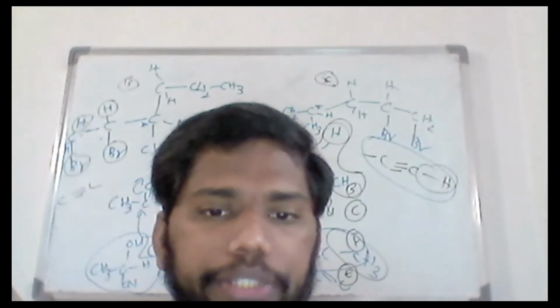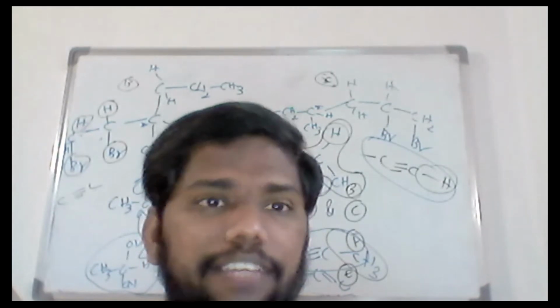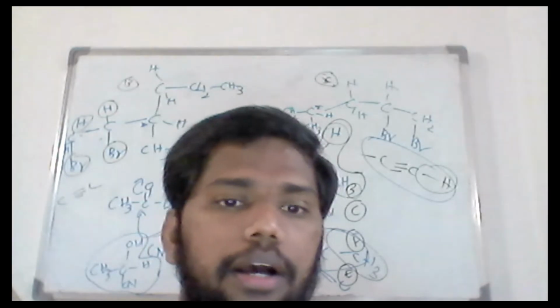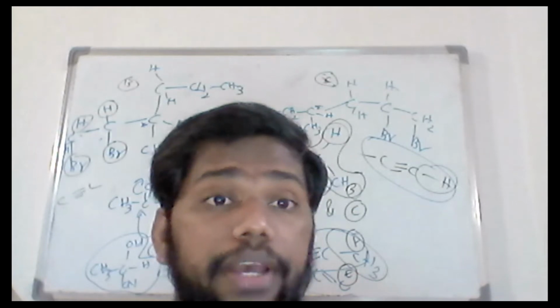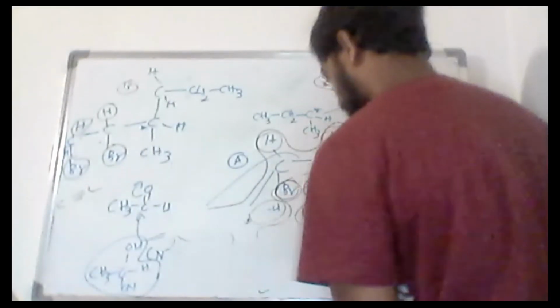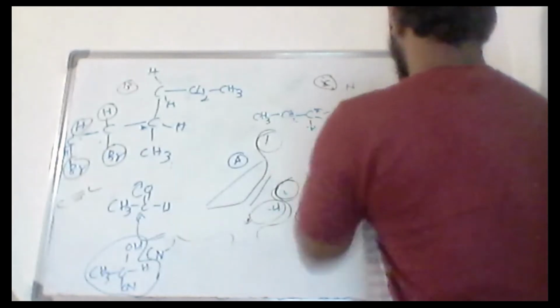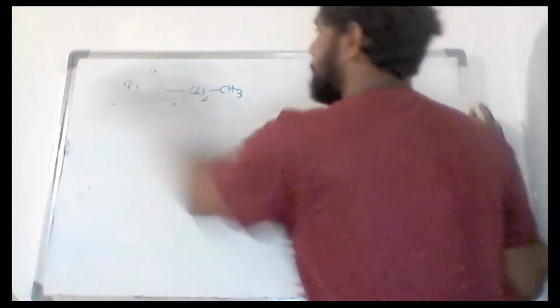So this is an elimination reaction, and it happens according to the Zaitsev rule, where the adjacent hydrogen is taken out from the carbon which has the minimum number of hydrogens.